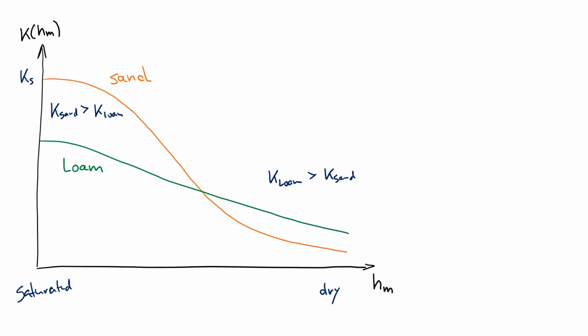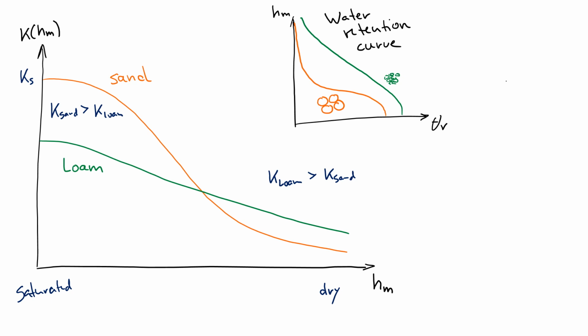To explore why that is, it might be useful to remember the water retention curve. The sandy soil, made up of large particles, has large pores in between them, and the pores don't tend to be very tortuous. So under saturated conditions, when all of these pores are water-filled, that means we get a high flux for a given driving gradient through the sandy soil, and that is reflected in the higher saturated hydraulic conductivity and in the higher hydraulic conductivity under wet conditions for the sand compared to the loam.